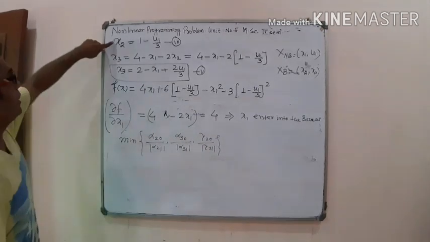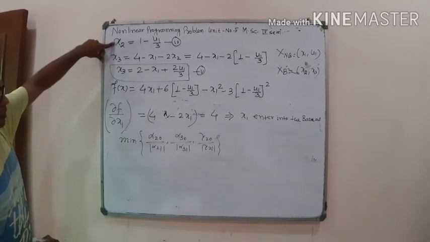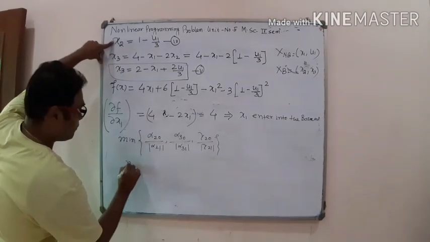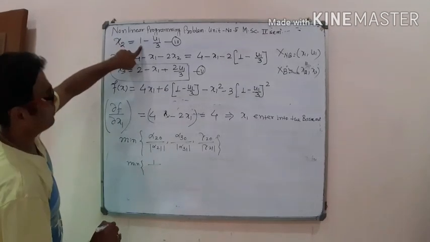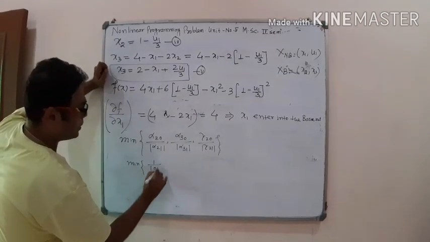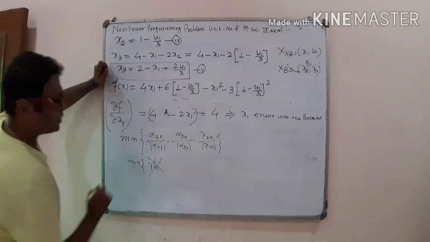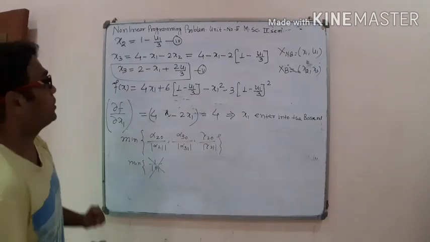Now in this equation we have constant term 1, but there is no coefficient of x1, therefore we put here 0. So obviously it is the largest among these ratios.